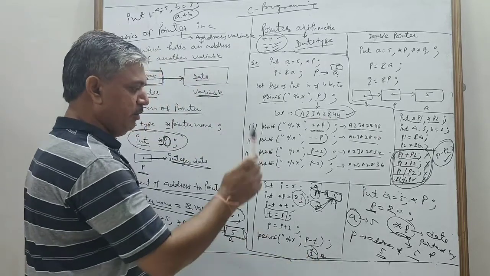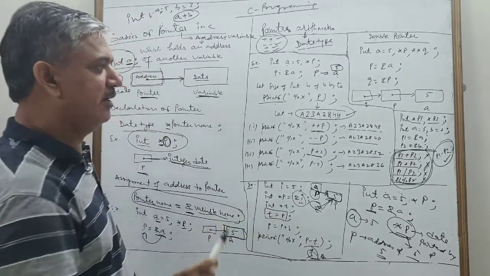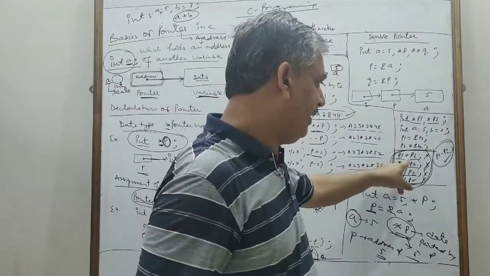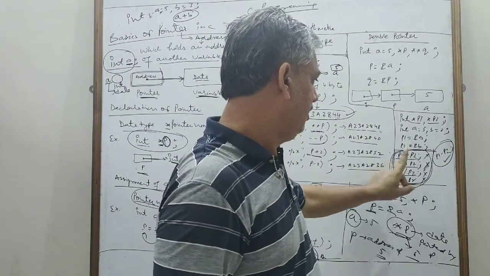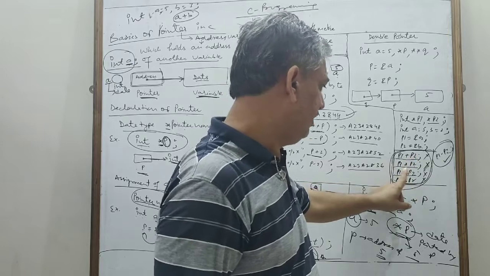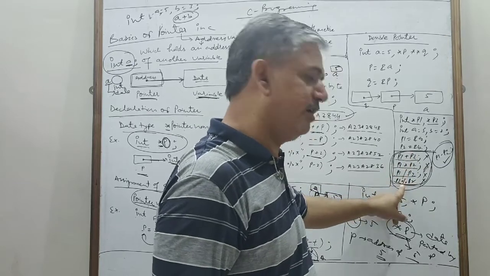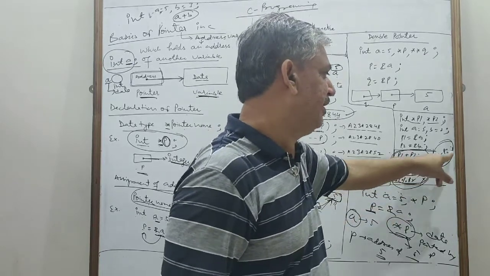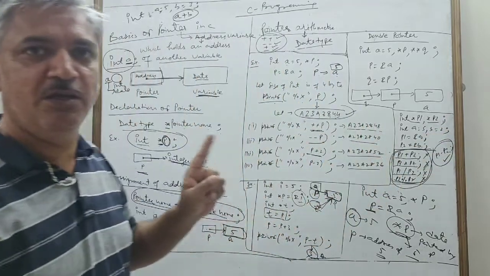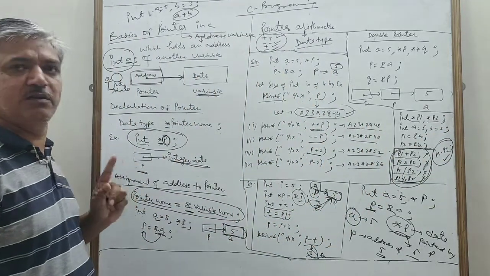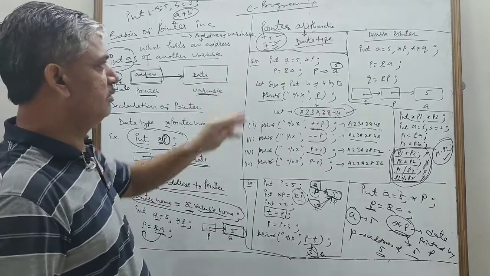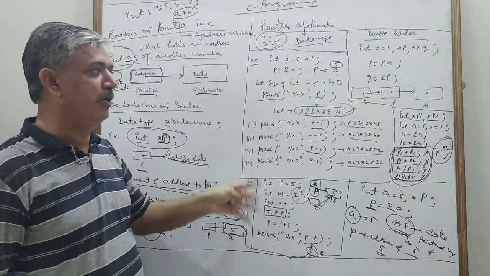So in pointer arithmetic, pointer addition, multiplication, division and remainder are not possible, but p1 - p2 is possible. p1 - p2 is a legal statement. Clear? So this is about pointer arithmetic.